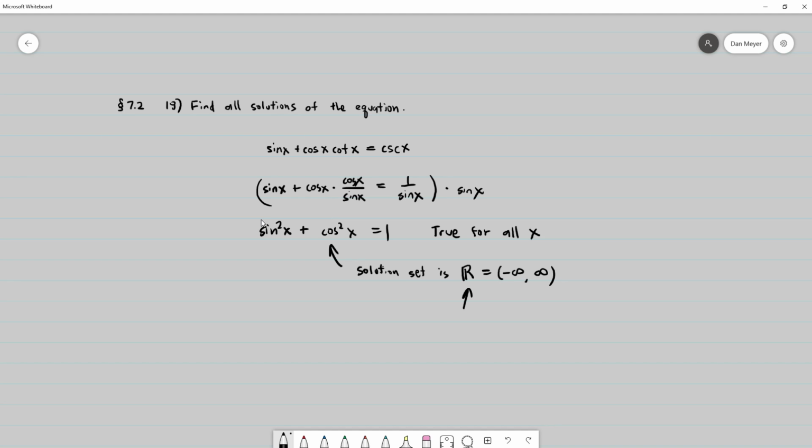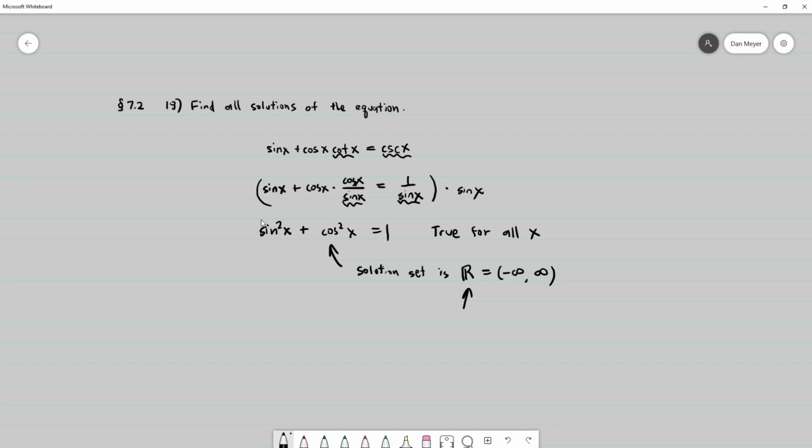But then remember, there were some domain issues. We started off with sines in denominators, and so our solution set to the original equation is not all real numbers. Our solution set is something else.